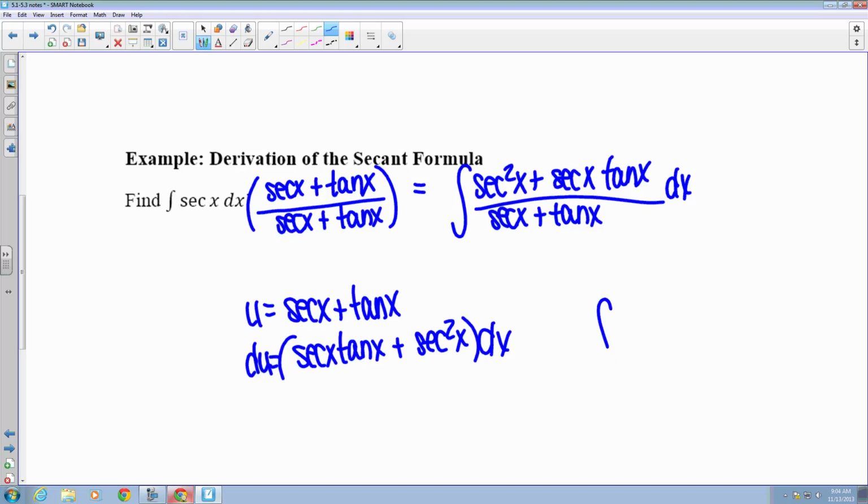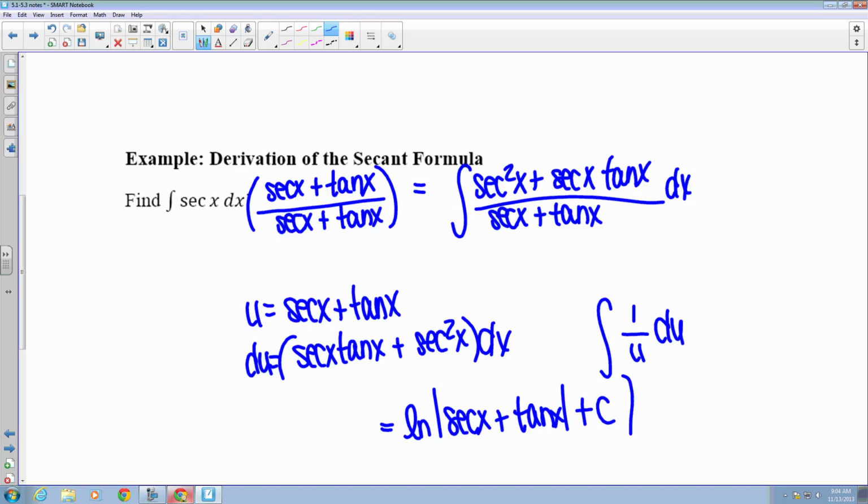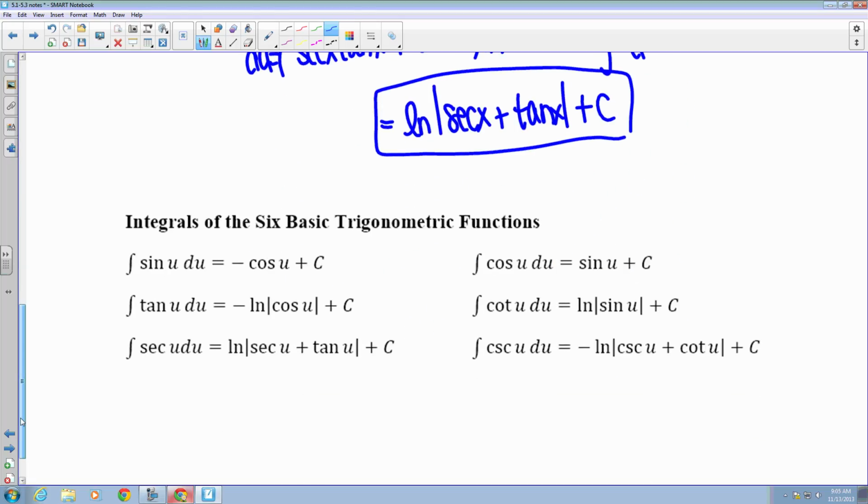So we just have the integral of 1 over u du. So natural log of whatever our u was, which is secant plus tangent plus c. Now that I showed you how to do those, we don't ever have to do that again. We can just use these on the bottom. It's just kind of neat to see that.